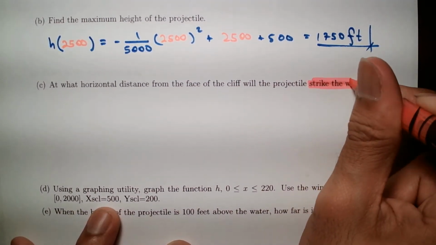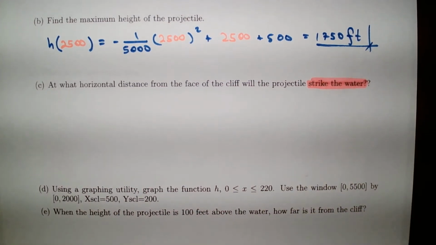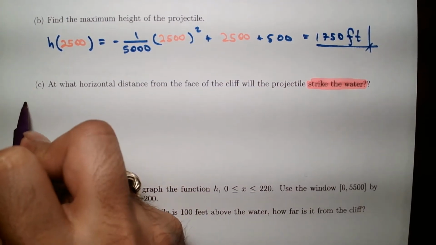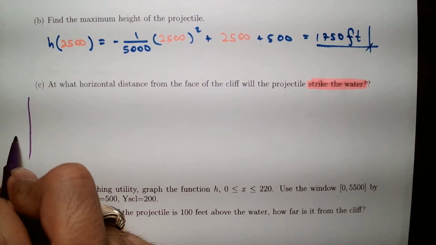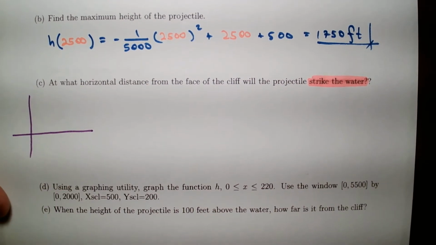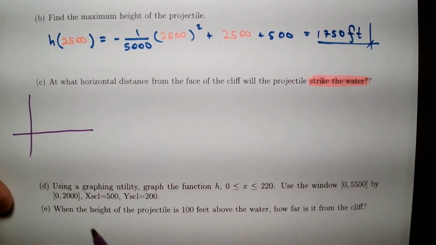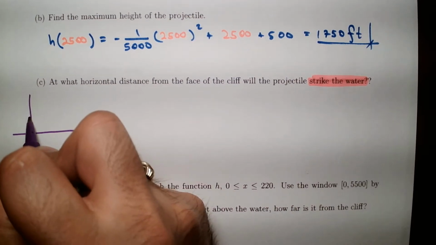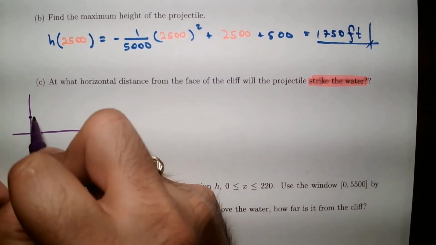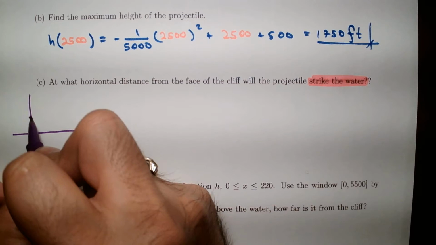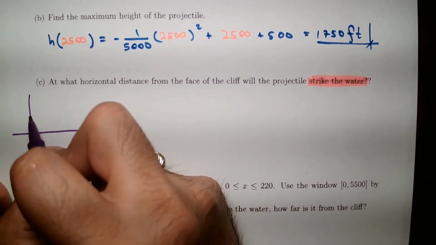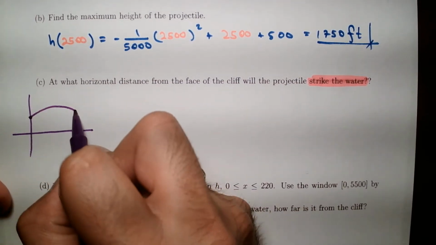So before doing any math, let's draw a little picture here. The projectile is being fired from an initial height of 500, and it's going to do this essentially.